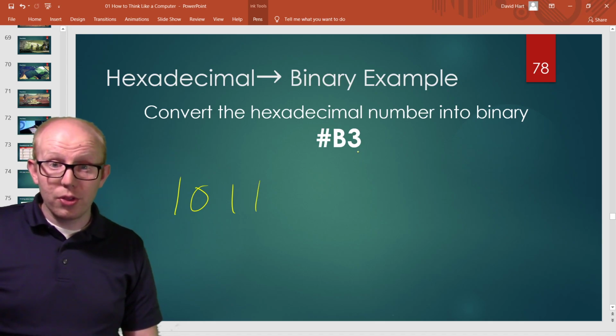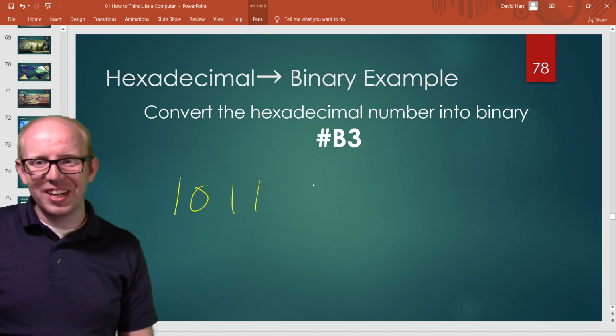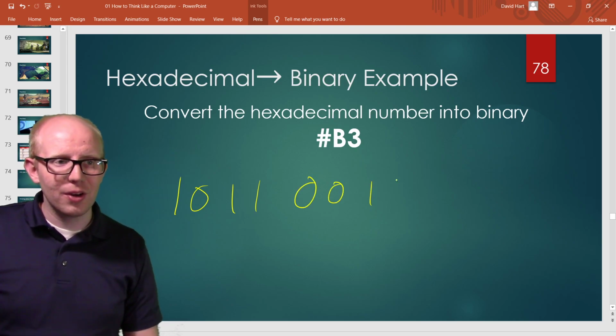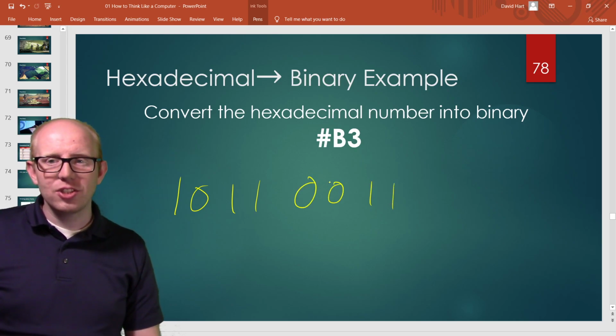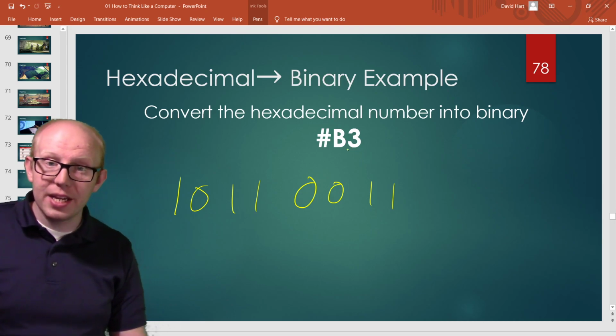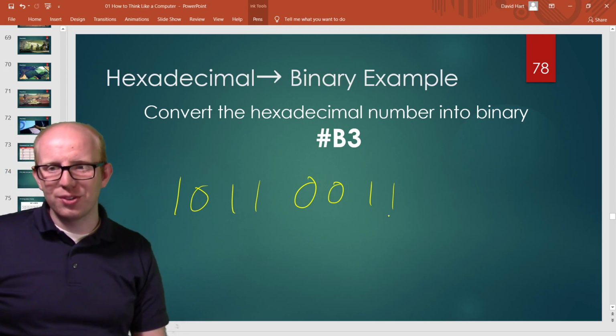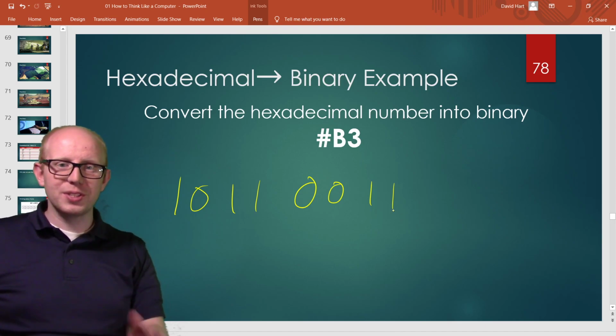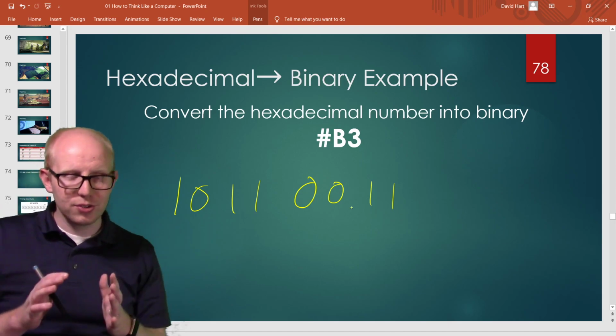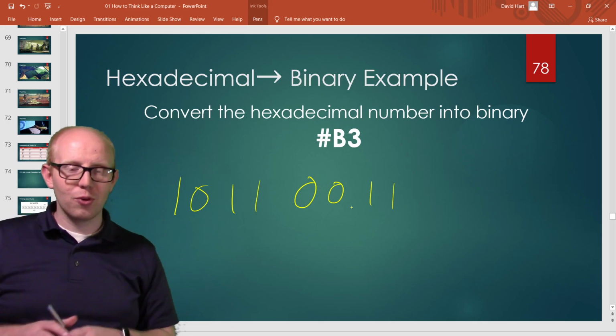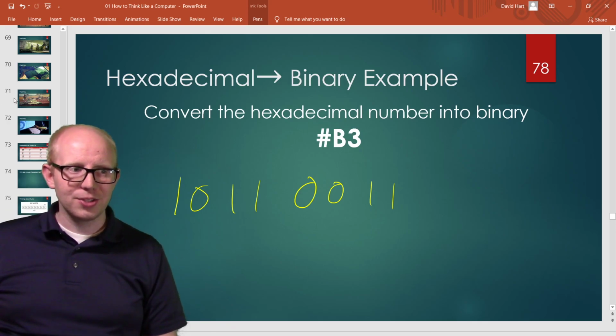And the character 3 was 0, 0, 1, 1. Okay, so our binary number for B3 is 1, 0, 1, 1, 0, 0, 1, 1. It represents those 8 digits. We just break it into those 2 pieces and write them verbatim on the page.